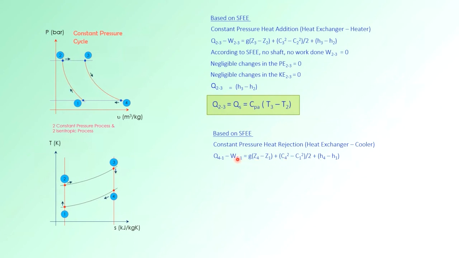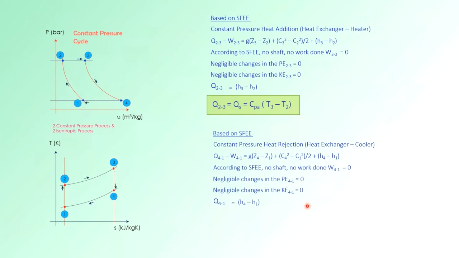So again, there's no work, and potential and kinetic energy are all neglected. What is left over is equal to the change of enthalpy only, or you can replace it with CpT. Remember, H can be replaced by Cp T.